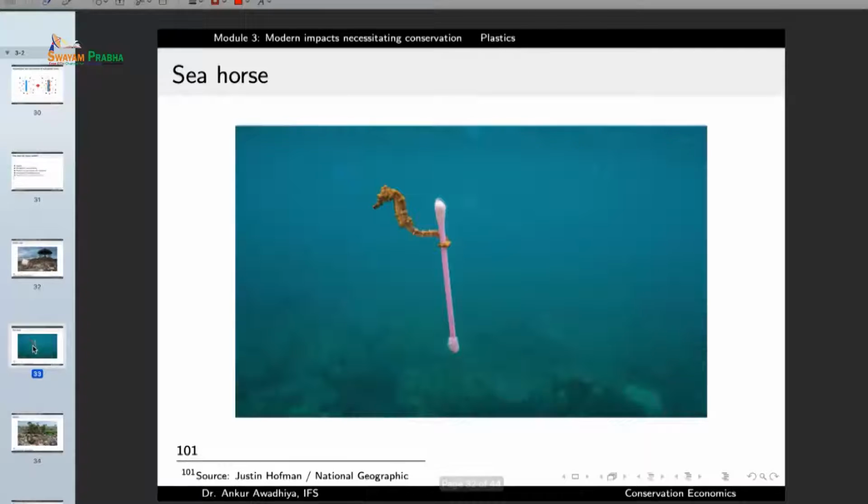This picture is showing us that there is a seahorse that is sticking to this piece of earbud. This is not a natural behavior because in a pristine ocean, we do not have earbuds. But now that there are earbuds in this ocean, the animal's behavior is changing.